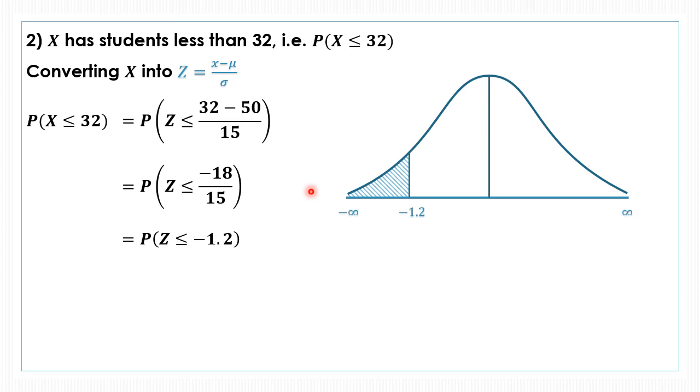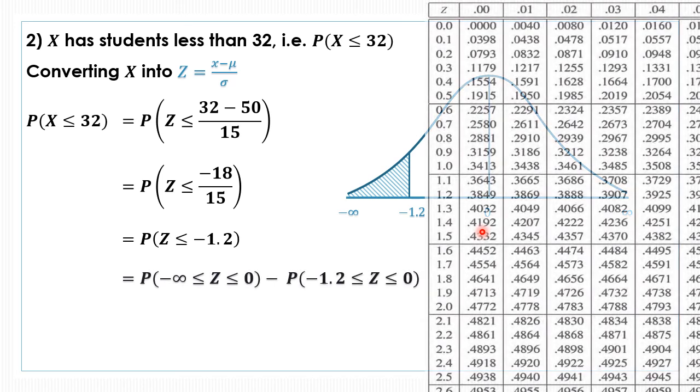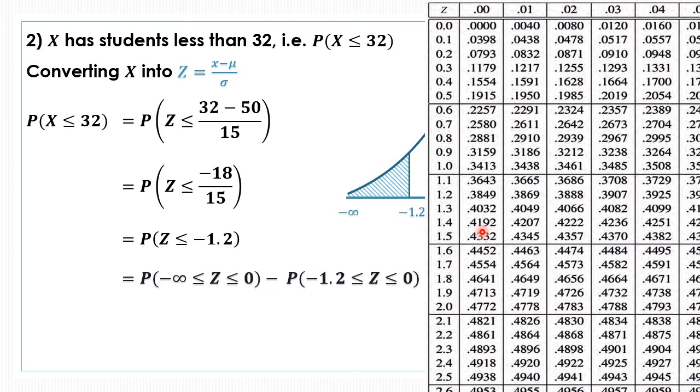Now what to do? Because in the previous sum we did the difference, here also we are going to take the difference. So 0 to negative infinity, and then 0 to negative 1.2. We will calculate 0 to negative infinity and 0 to negative 1.2 first, and then we will use the table to calculate the probability for that.